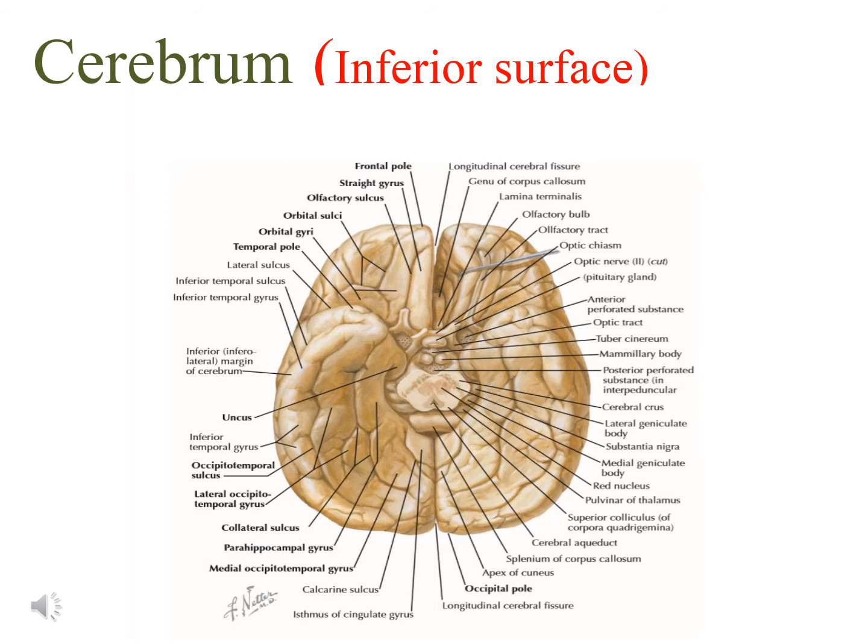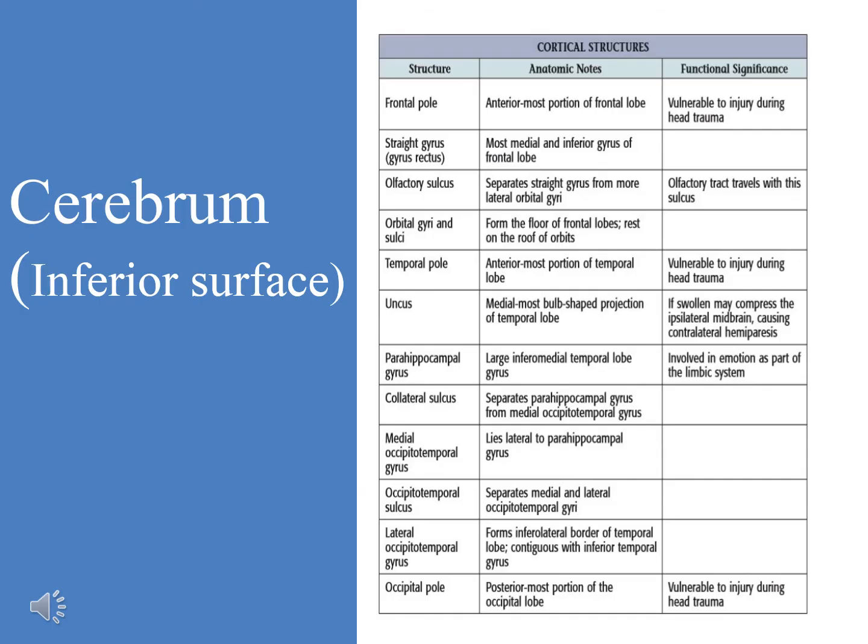Anterior to the midbrain and the cerebral peduncles, we can notice the optic and pituitary systems, which we'll discuss later in the anatomy of the sella. Here we can review the important structures and anatomical landmarks of the inferior surface of the cerebrum.